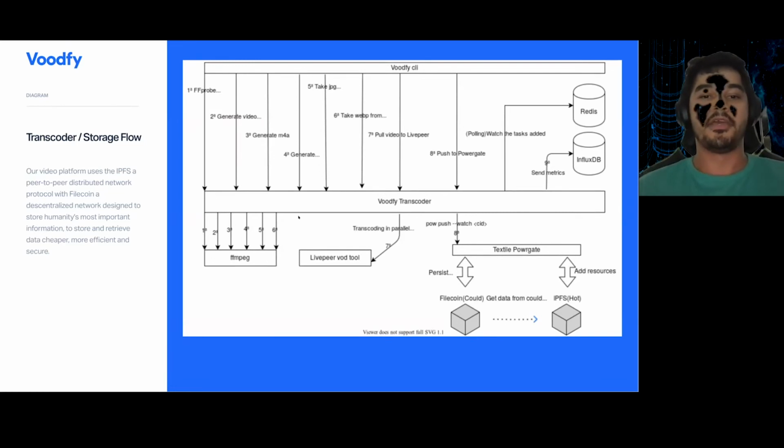I will explain here how the process happens in our workflow, inside the upload, transcode, and storage. The first moment, after you drag in the MP4, you take this MP4 and run FFmpeg to extract some assets like MP4A, PNG, and JPG.